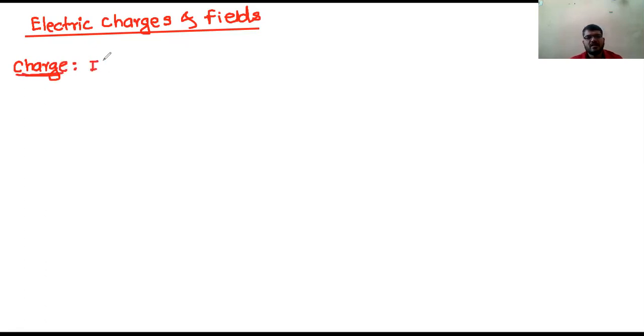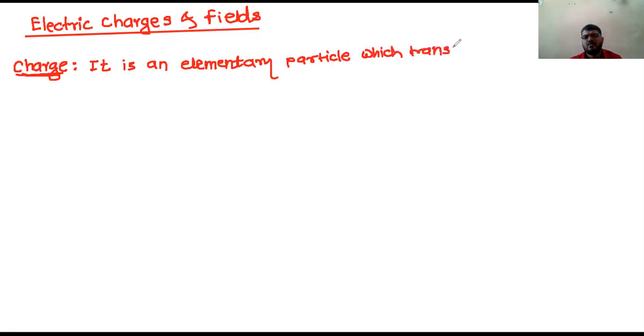It is an elementary particle which transfers from one body to another. This is what your charge is.